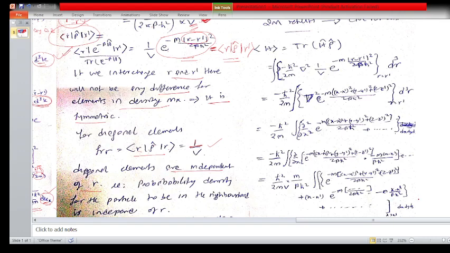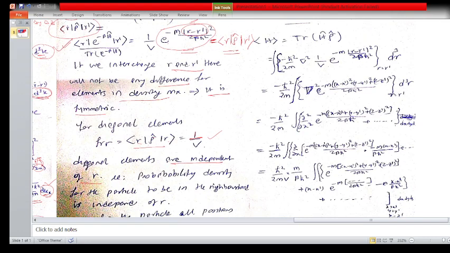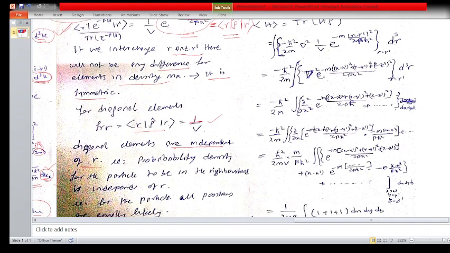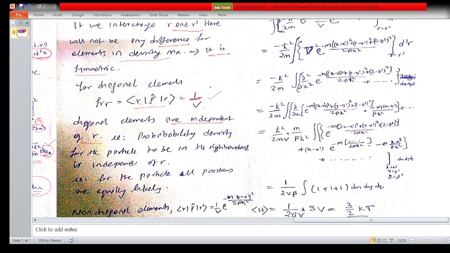That means the probability density for the particle to be in the neighborhood is independent of r. That is the meaning of this particular expression, that the probability density of the particle to be in the neighborhood is independent of r. That is the particle position.